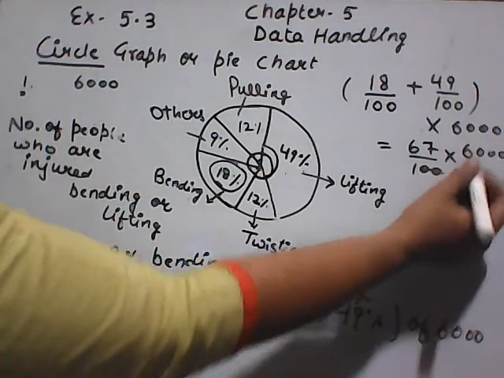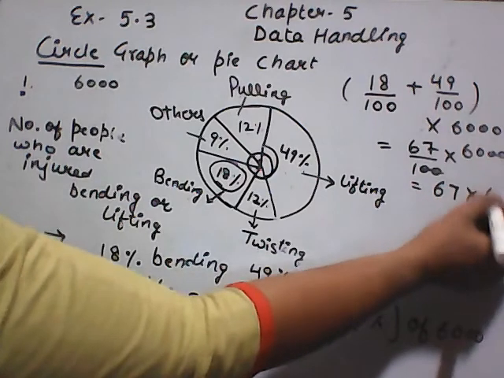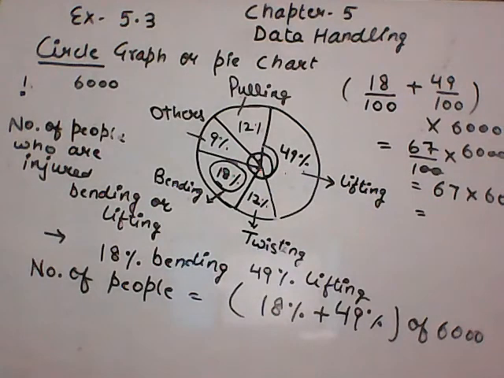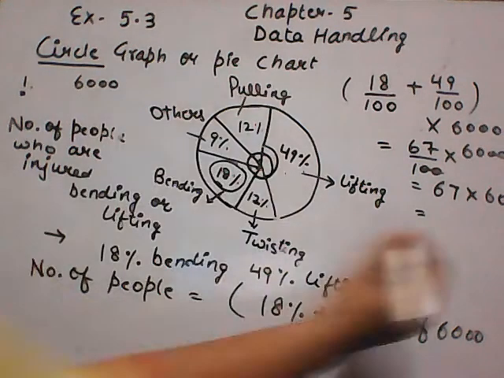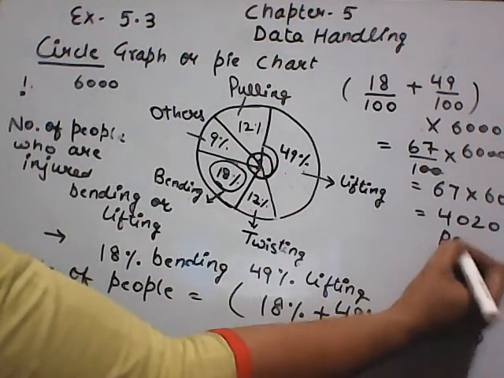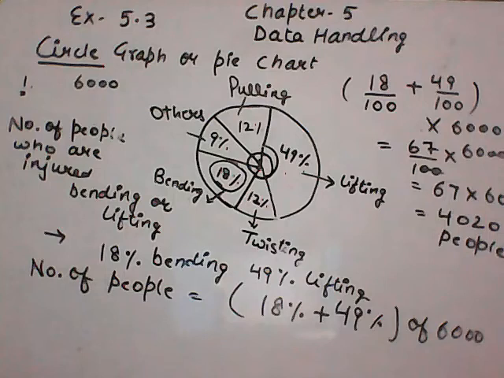Here two zeros are cancelled out with two zeros. It is 67 multiplied by 60. You can multiply and find out the answer. It is 4,020 people. That means out of 6,000 people, 4,020 people are injured by bending or lifting. In this way, you can solve questions related to the pie chart.